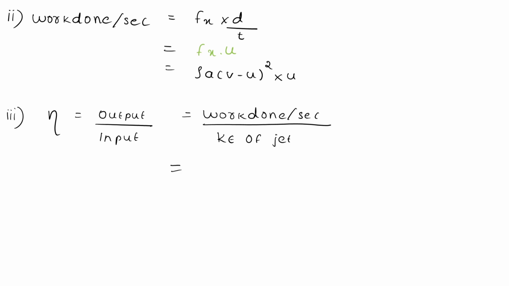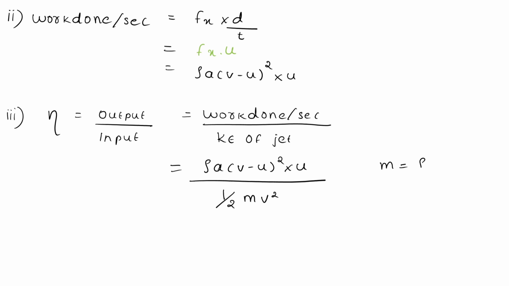Work done per second, we have found, is rho a (v minus u) whole square into u, and the kinetic energy of the jet is half m v square, and m we can write as density into area into initial velocity. Initial velocity we have to write as v, because from the nozzle we are giving the water.